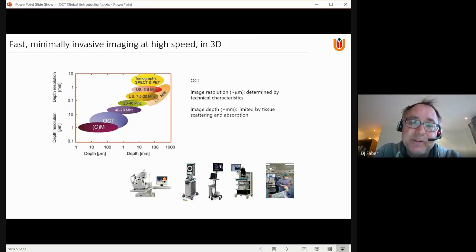In OCT, the imaging resolution is determined mainly by the technical characteristics of the system, but the imaging depth, so how deep you can image, is determined by the tissue properties. So absorption and scattering properties are going to limit how deep you can look. And then the row on the bottom of the slide shows some clinical systems. So these are actually systems that are used in the hospital these days to do measurements. So the first one on the left is a system for imaging the retina.